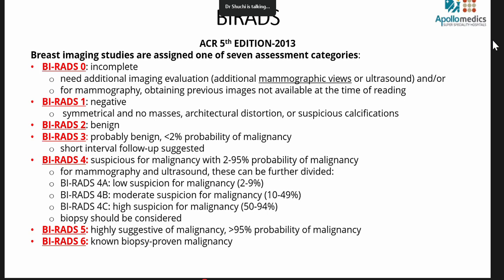A short interval follow-up is recommended, or if the patient is highly anxious, even a biopsy or FNAC can be done. BIRADS 4 is suspicious for malignancy, with 2 to 95% probability of malignancy. In this you have BIRADS 4A, B, and C. A is low suspicion, B is moderate, and C is high suspicion. For this, biopsy has to be done. BIRADS 5, you are highly suspicious of malignancy, that is more than 95%. And 6 is an already known, biopsy-proven malignancy.